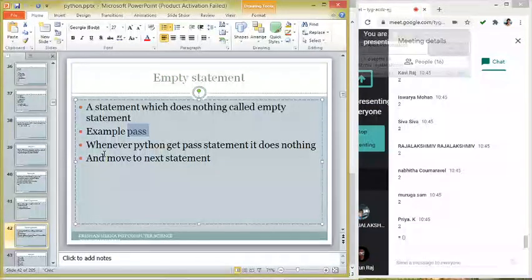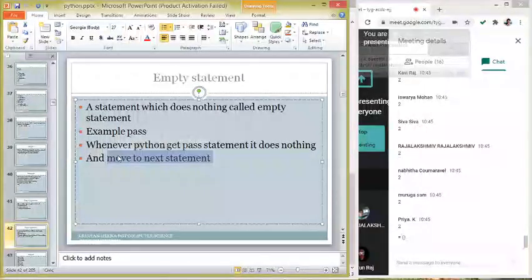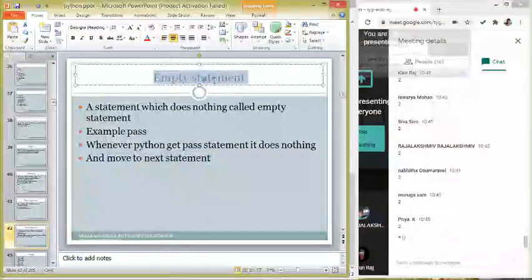Whenever Python gets a pass statement, it does nothing and moves to the next statement. I have written A is equal to 10, pass, B is equal to 10. Then the pass will be ignored because it is an empty statement.